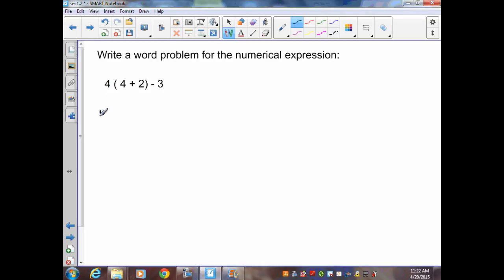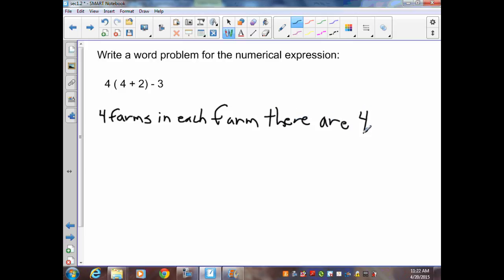Here I have 4 farms. And in each farm, I have 4 horses and 2 chickens.